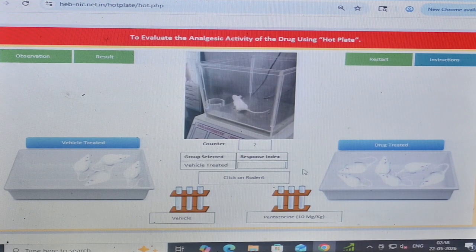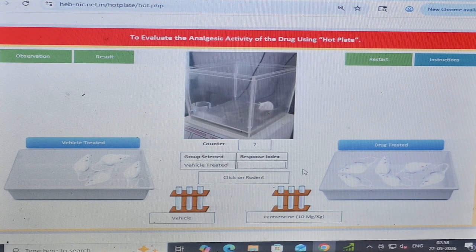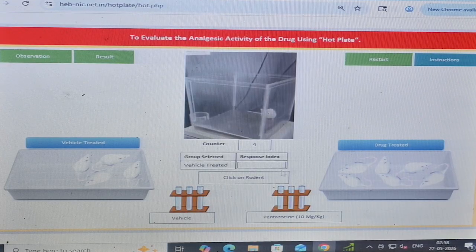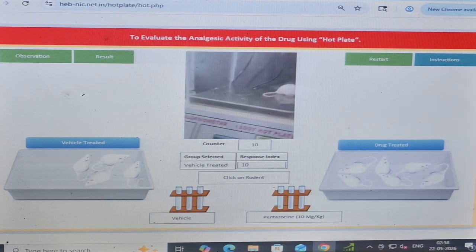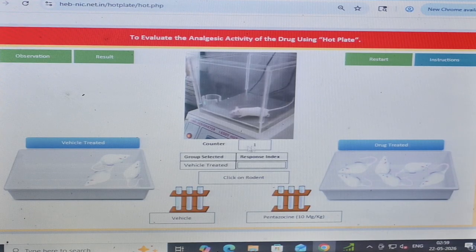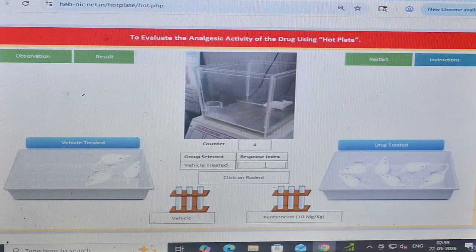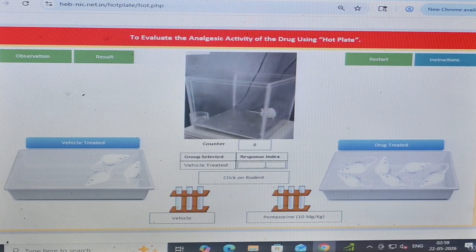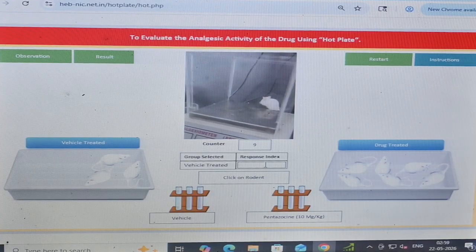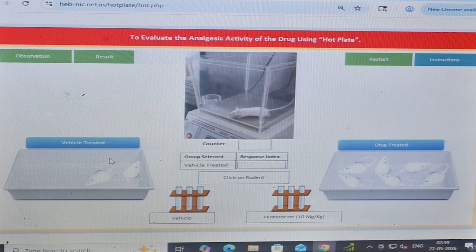So this is another animal put onto the hot plate. So now it is 10. Now it is 9 and click on another rodent.